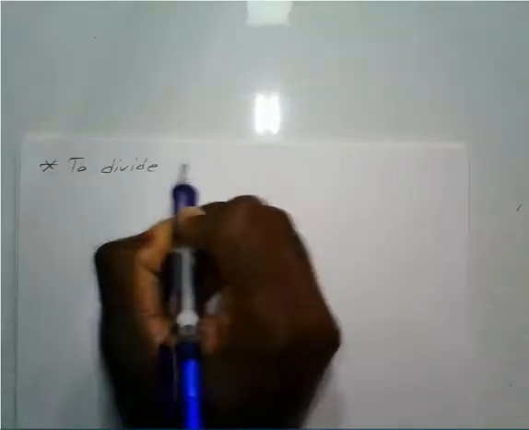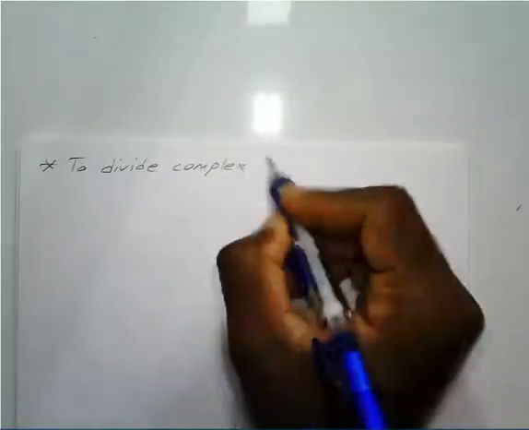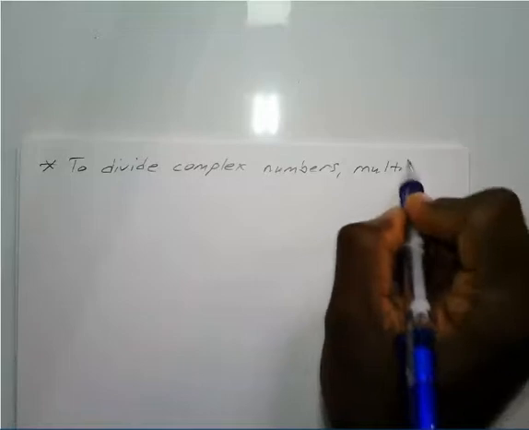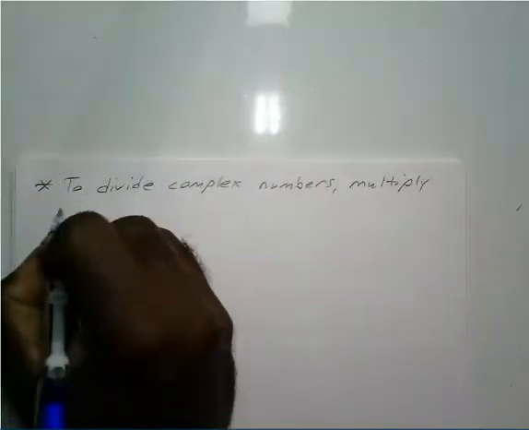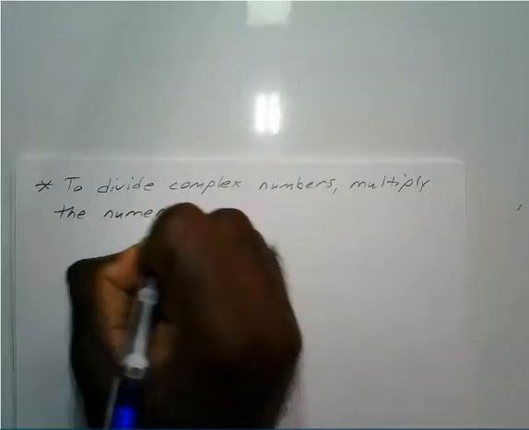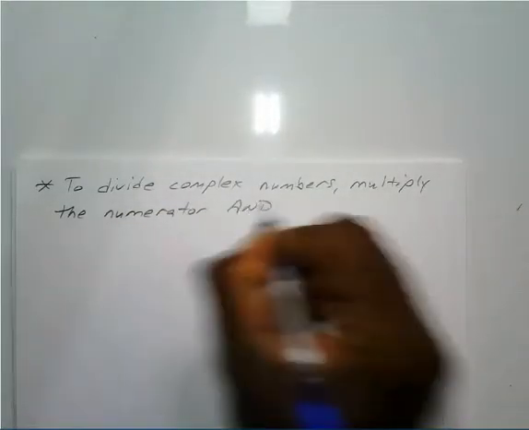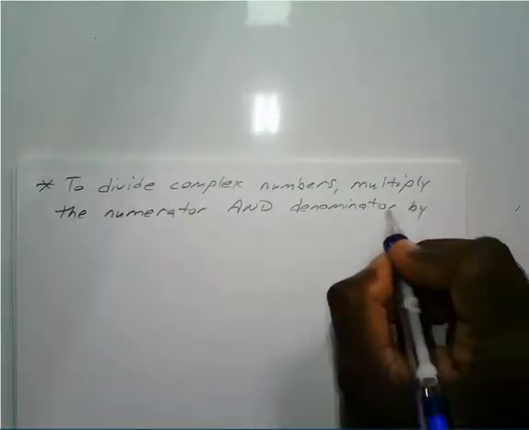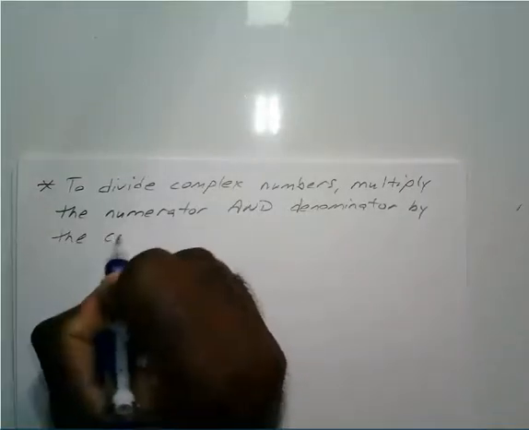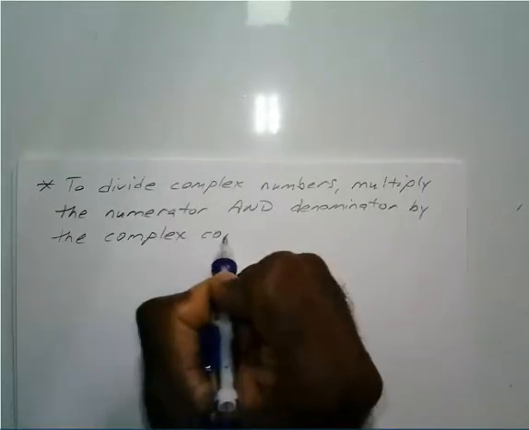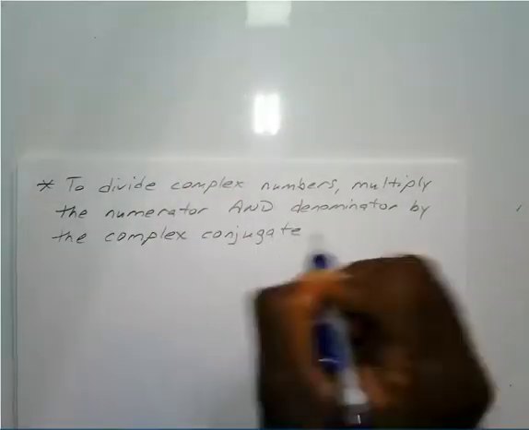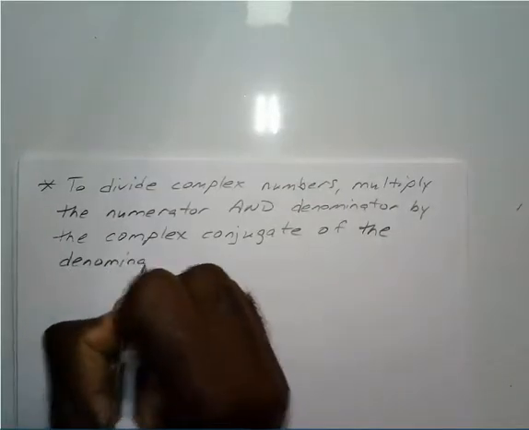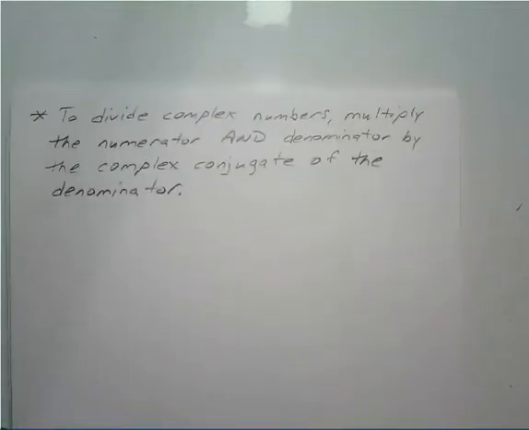To divide complex numbers, multiply the numerator and denominator by the complex conjugate of the denominator. Okay, just the complex conjugate of the denominator.